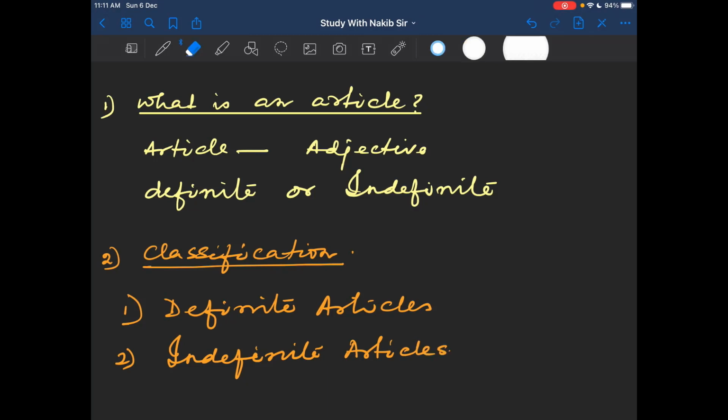Okay, so definite articles and indefinite articles.